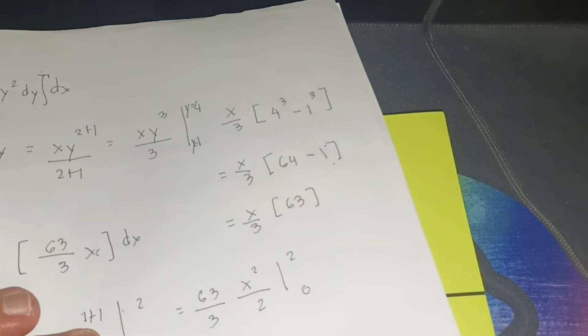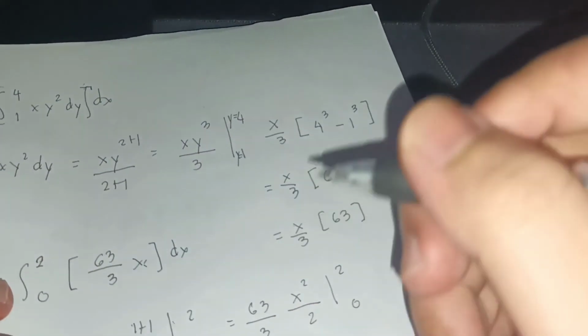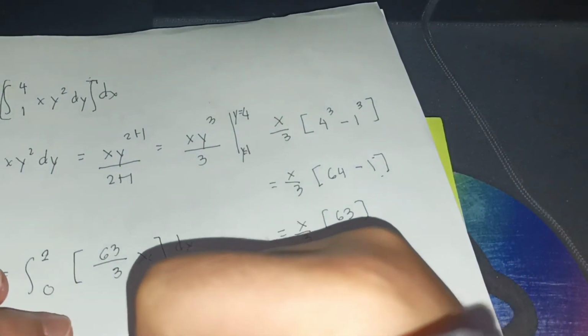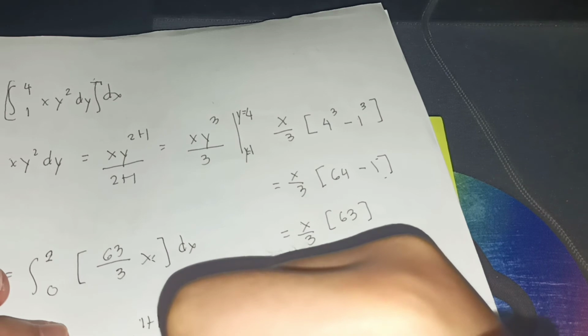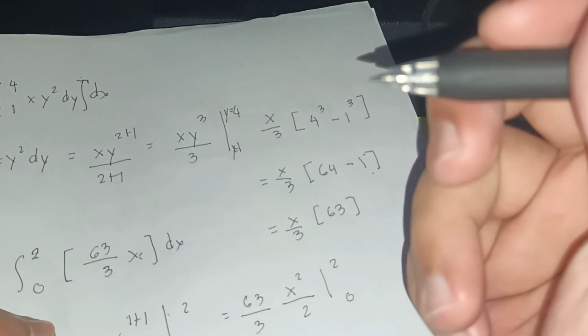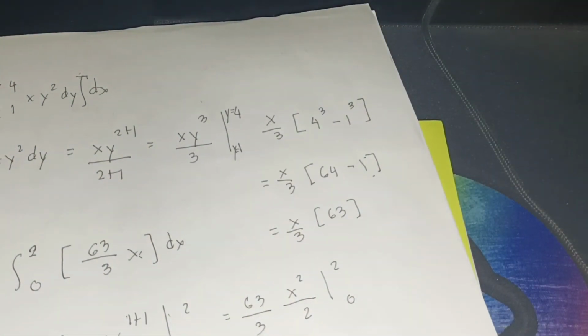We have 31.5. We'll place it over here. Just say 0.53, and then we will incorporate it.